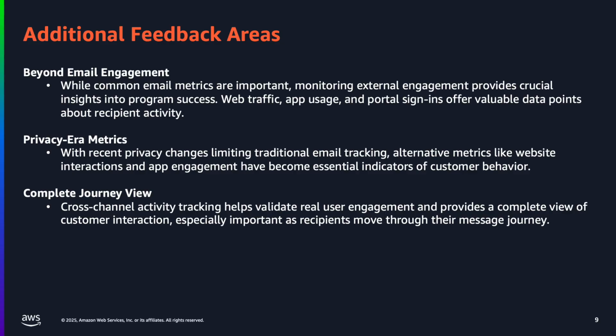With privacy features that allow recipients to hide their engagement activity that have been introduced to the email world in the past few years, it is important to be able to monitor those areas such as web and app activity, especially if that is where your email messages are sending your recipients during their message journeys.